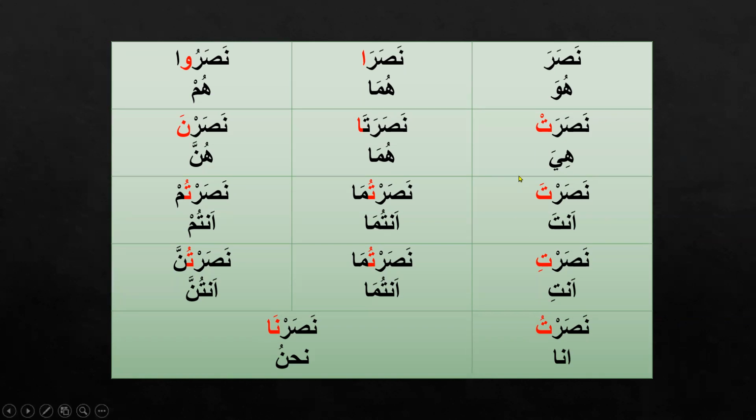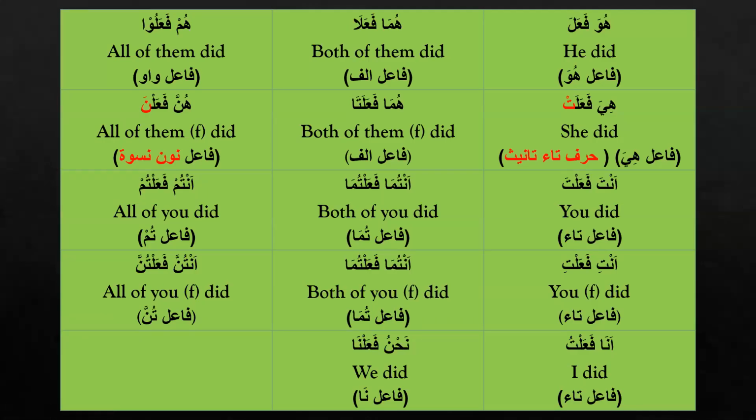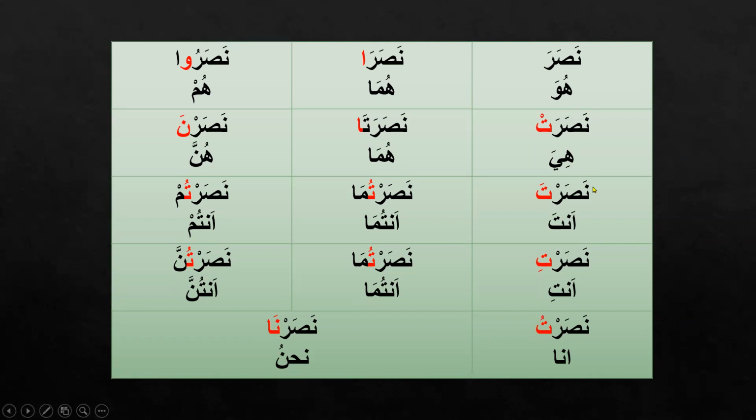Like we will do it for fa'ala as well. So here you can see all the tas have different endings. Nasarat, anta nasarta, ta with the fatha, anta nasarta, ta with the sukoon, anti nasarti, ta with the kasra, ana nasartu, ta with the damma.